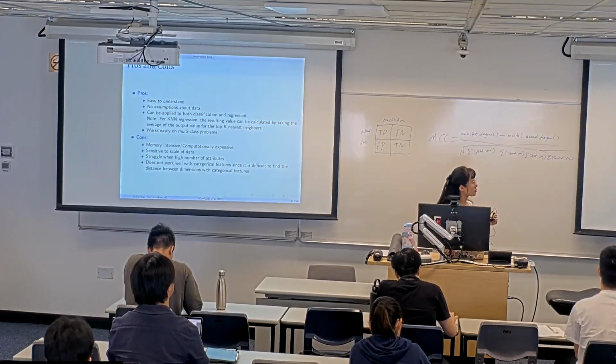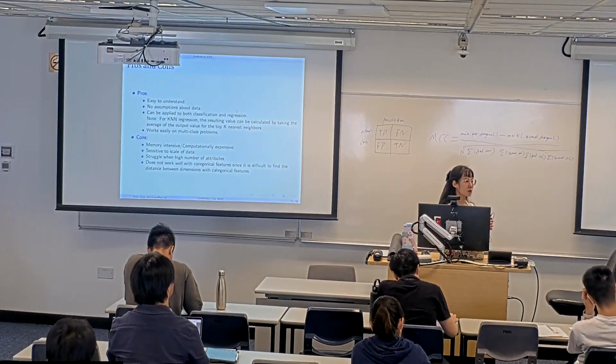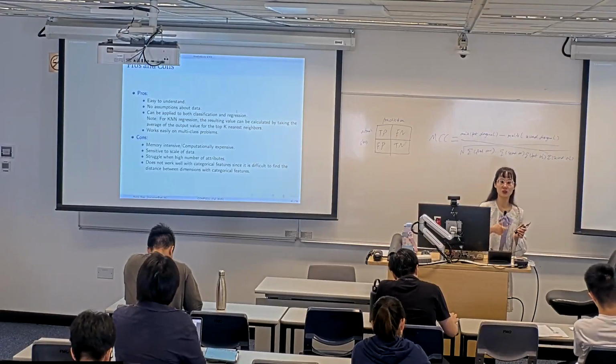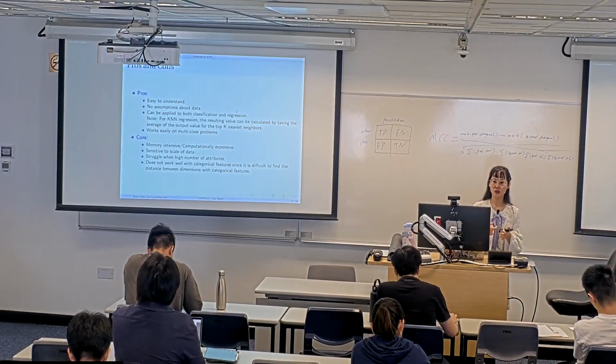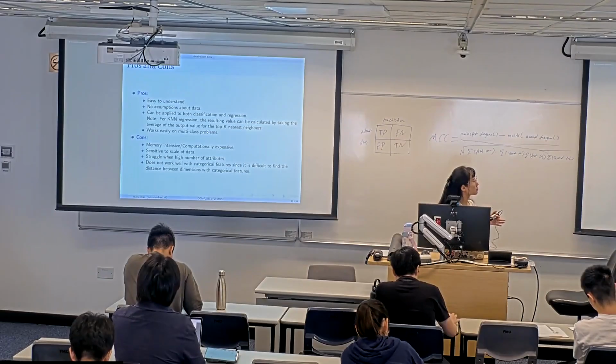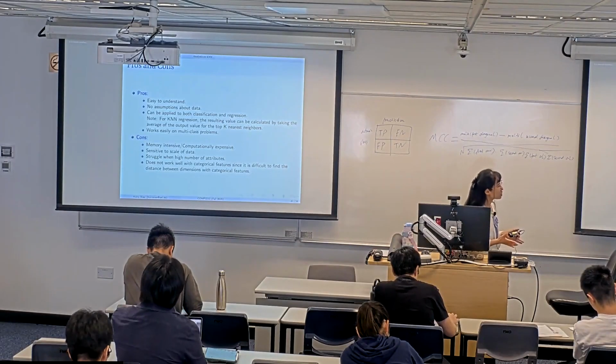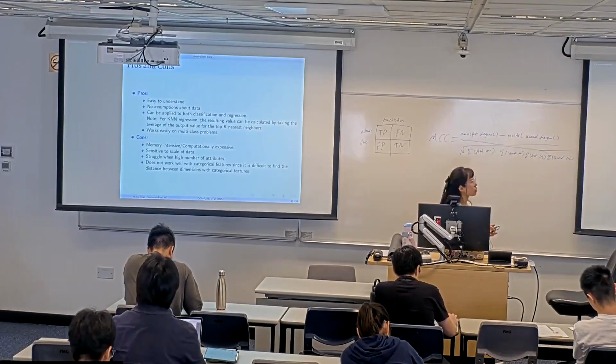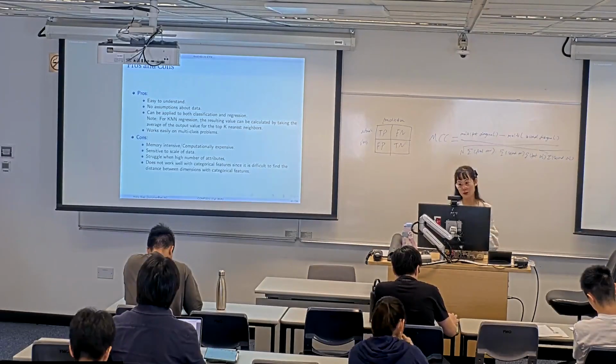For KNN regression, previously for classification we had to do a majority vote. Now for regression, the resulting value can be calculated by taking the average of the output values of the top k nearest neighbors.